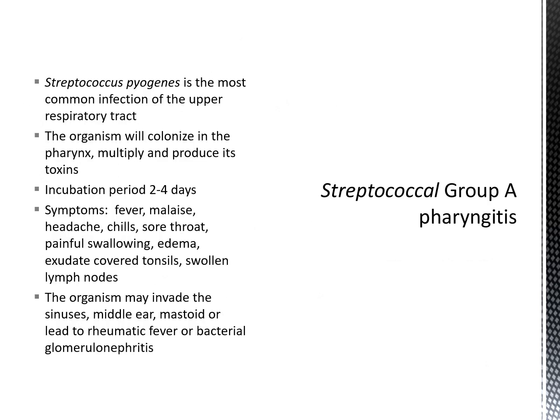Let's talk about Streptococcal Group A pharyngitis, which is basically another way of saying strep throat. About 60% of the time, strep throat is caused by a viral organism, and about 40% of the time, strep throat is caused by a bacterial organism, and a lot of times that is going to be Strep A. Strep pyogenes is the most common bacterial cause of upper respiratory tract infection.